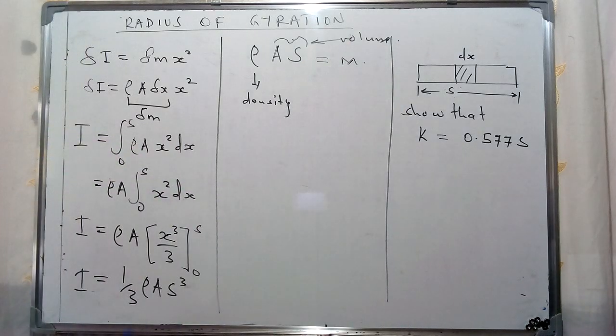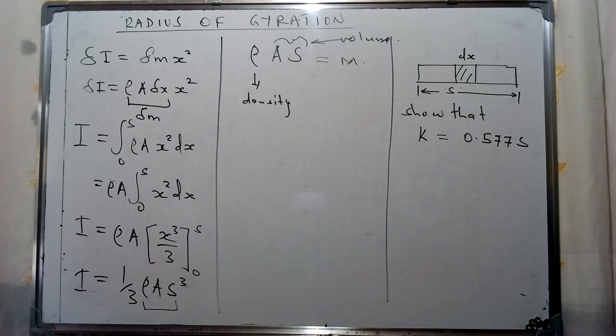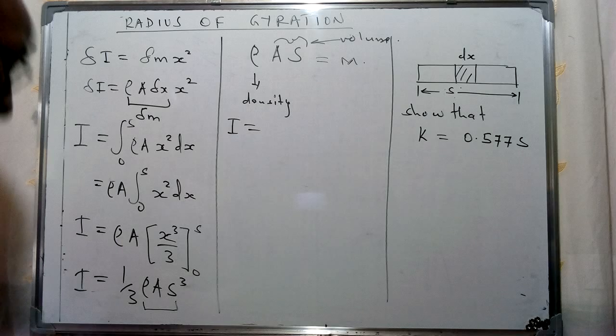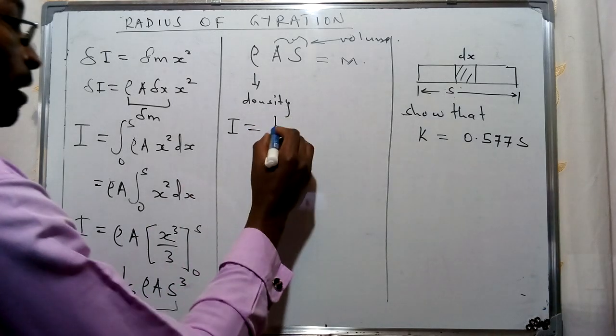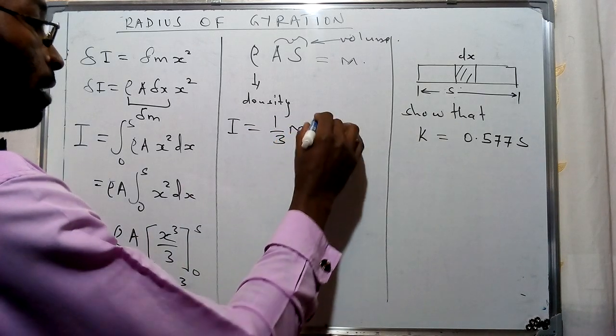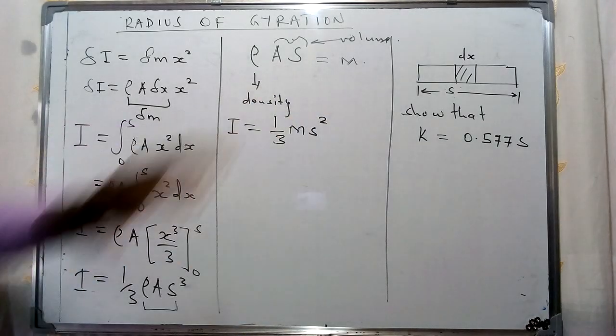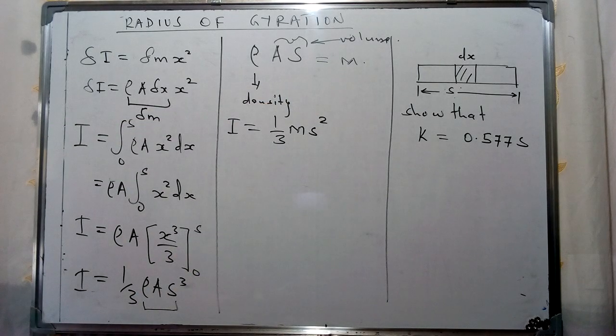So the density, area, and one of the s will form our mass. Therefore, we can transform this representation for the moment of inertia in terms of a third m s squared, whereby one of the s is catering for the variables that form the mass.